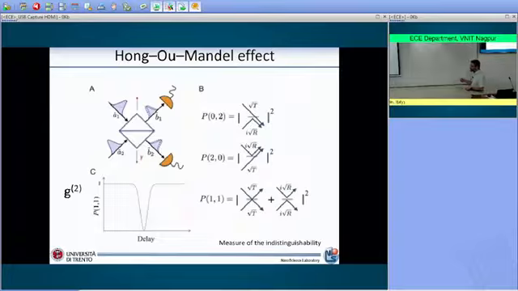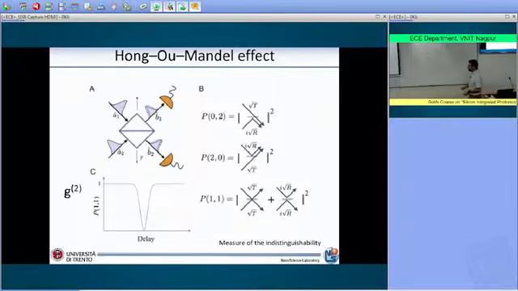And when I square it, I get -1. And therefore it happens that the probability of having both photons transmitted and the probability of having both photons reflected, because of this -1, add up to 0. Okay?